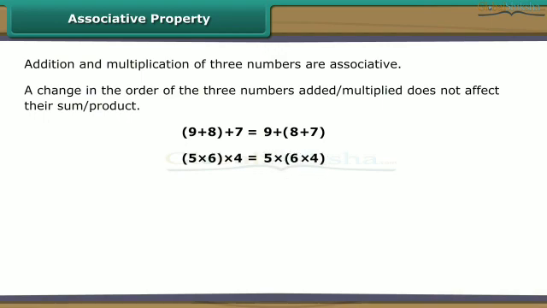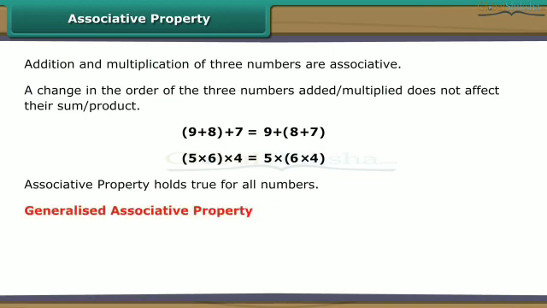The associative property holds true for all numbers. We can therefore generalize it with variables as (a plus b) plus c is equal to a plus (b plus c). (a into b) into c is equal to a into (b into c). Distributive property. Look at this expression.